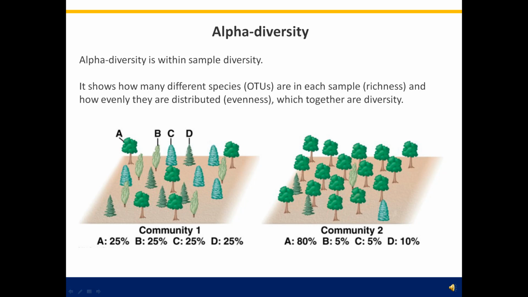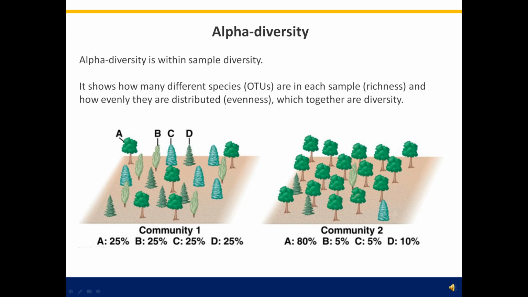So, say for example, community 1 has the same richness of four tree species. You can see that in community 1, trees A, B, C, and D are equal in distribution, like 25%, 25%, 25%, and 25%.